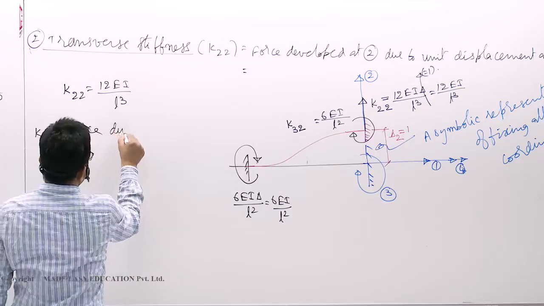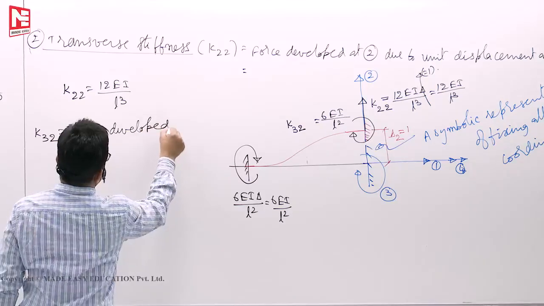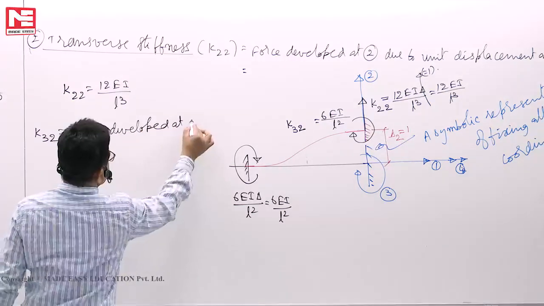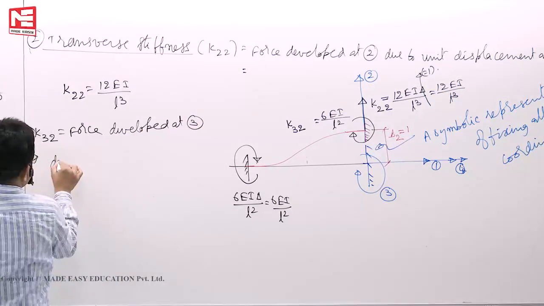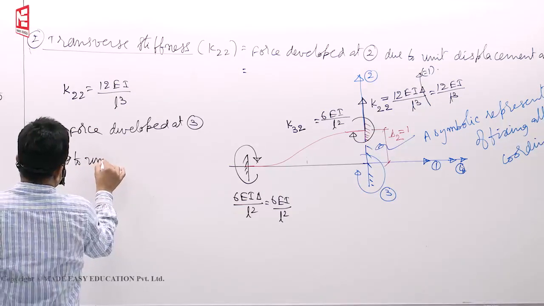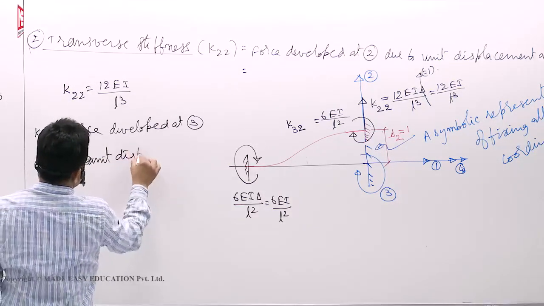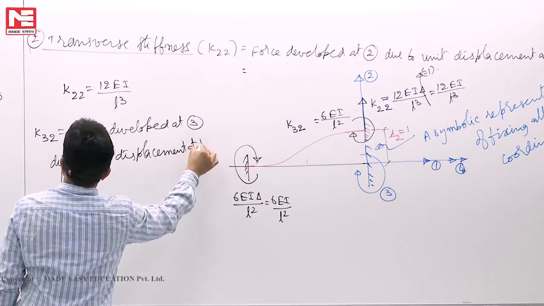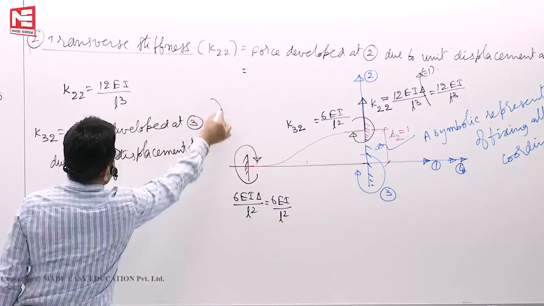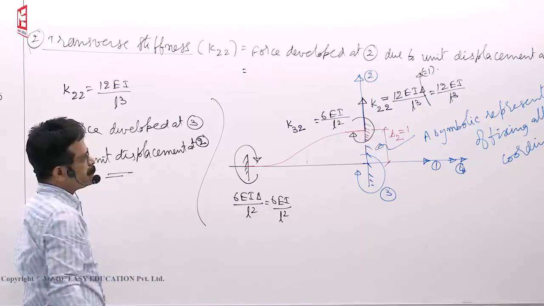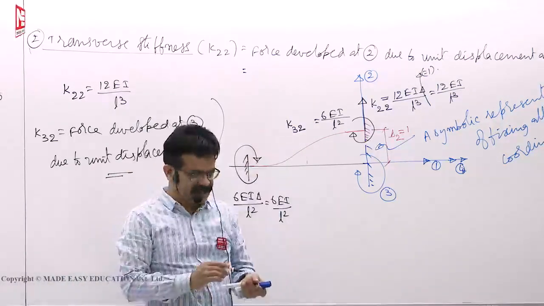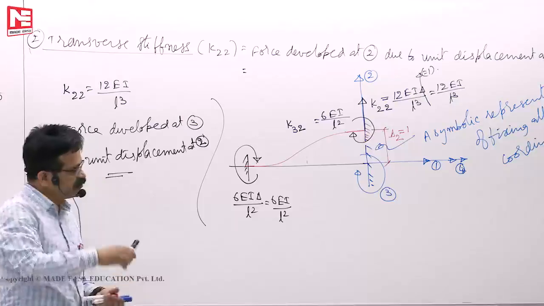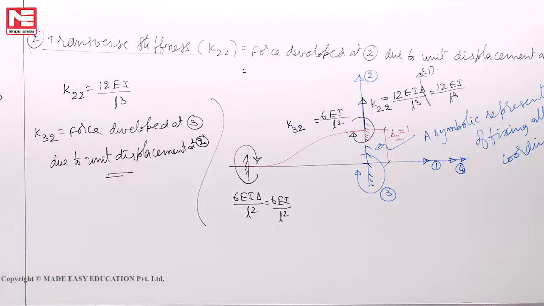Force developed at coordinate 3 due to unit displacement at 2. That's how you have to read. Remember how K32 has come. Finally, the end result we will check.